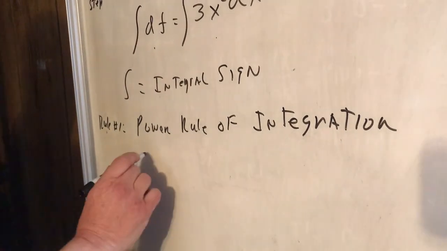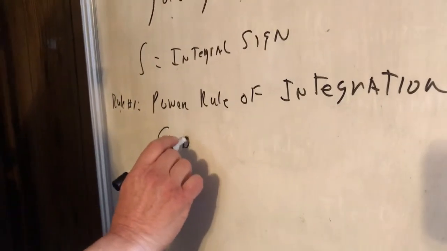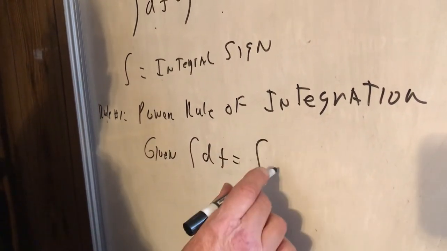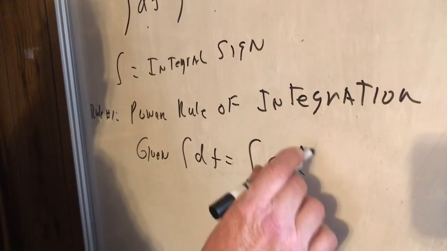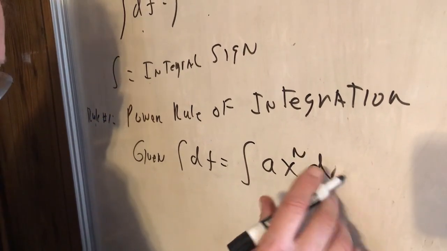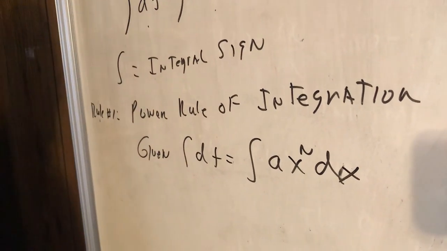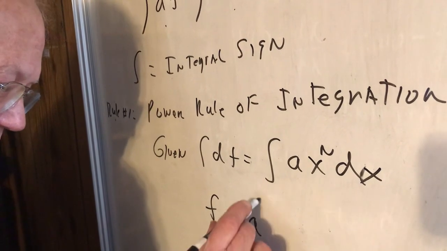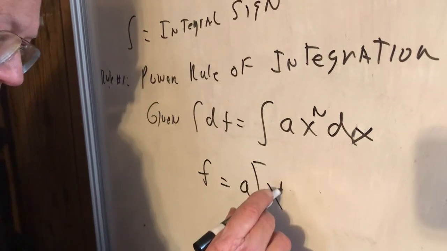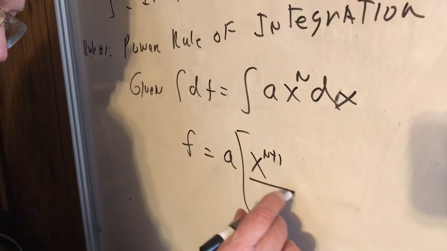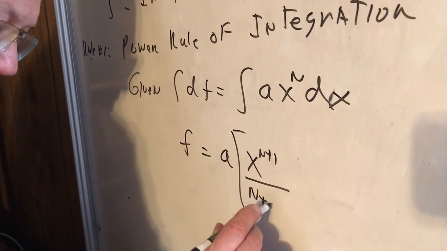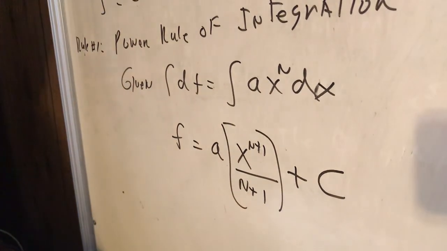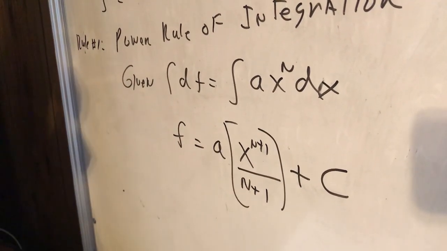So, if I'm given df equals the integral of ax to the n dx, then f is going to be equal to a x, add 1 to the power, and take the power, add 1, and put it in the denominator. And we've got to add a constant, c.